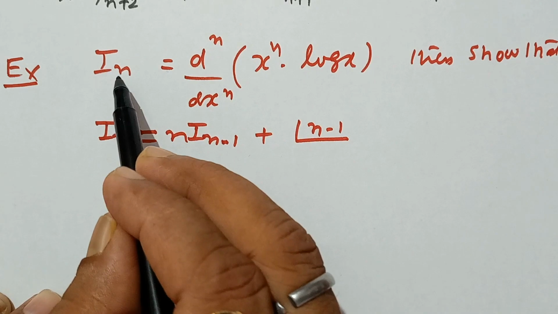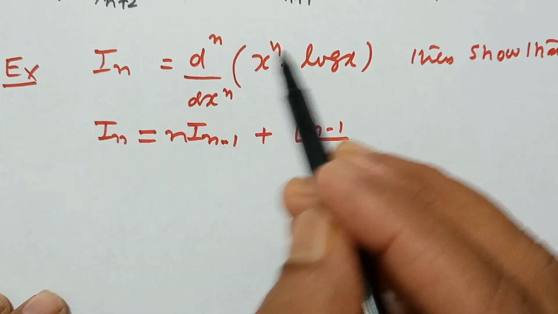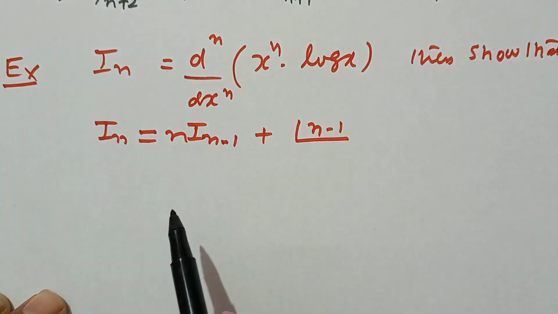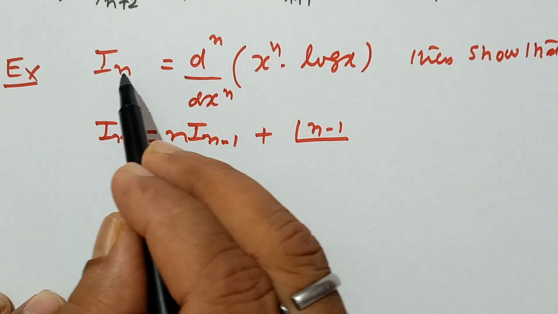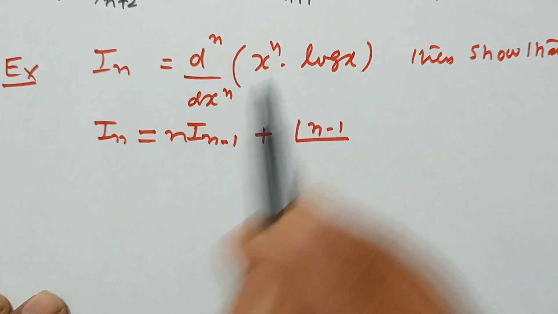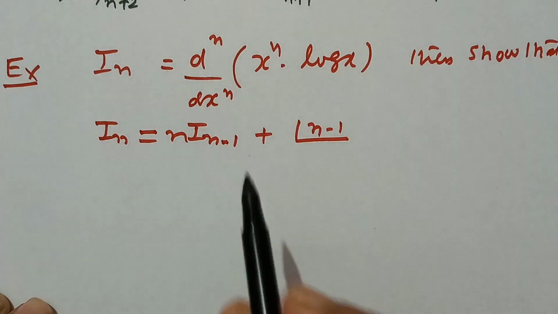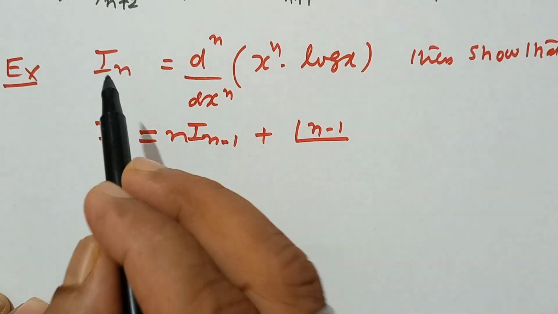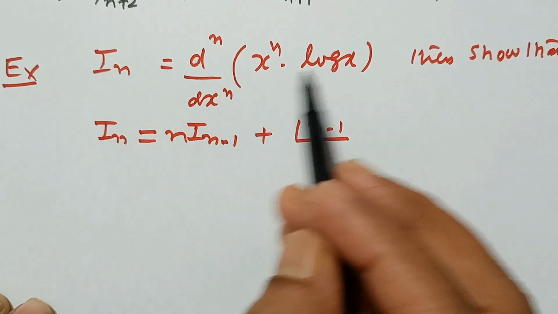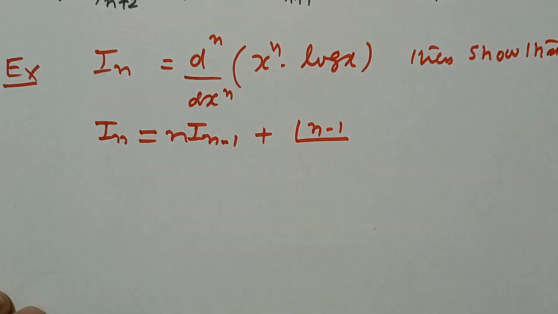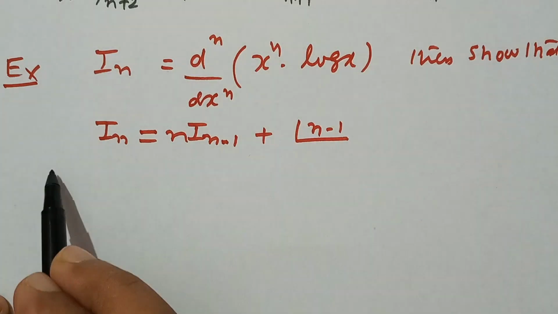Here n is the derivative order, and here n. If you want I2, you put n equal to 2, so this is I2. Similarly, what is I(n-1)? If we put n equal to n-1, we get I(n-1). So the proof is very easy.